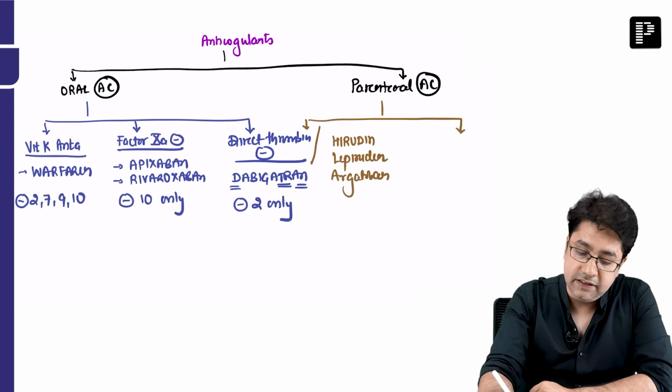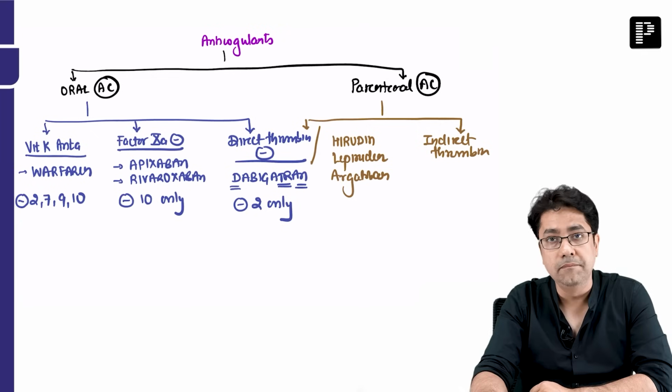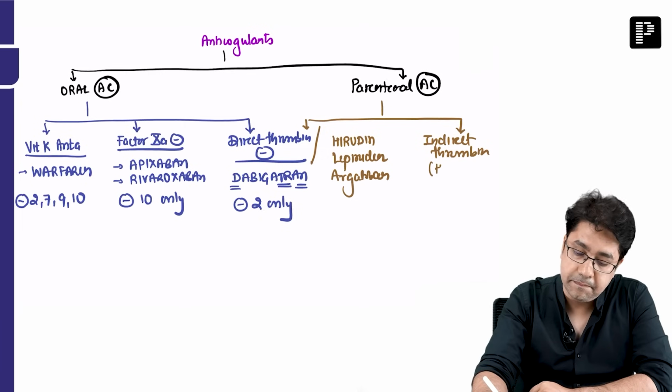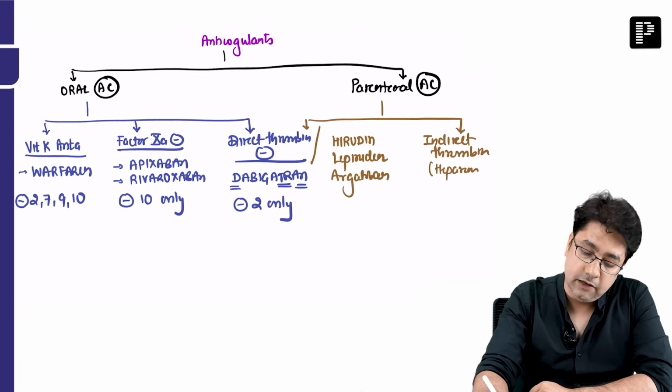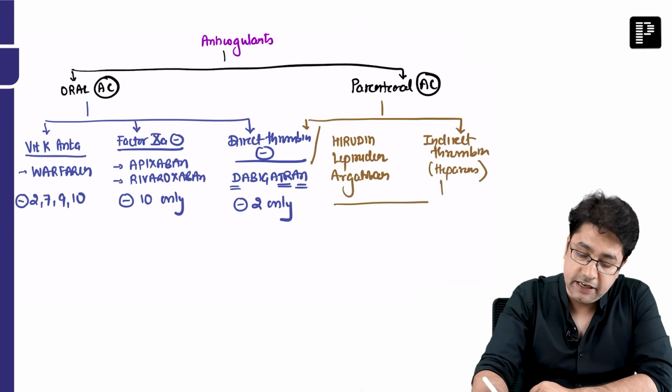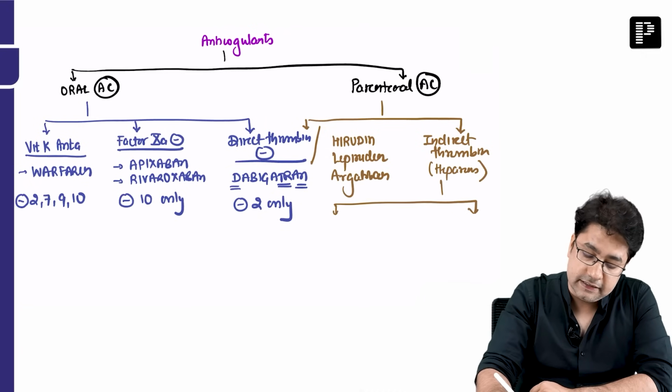And lastly we have indirect thrombin inhibitors which indirectly inhibit thrombin by activating antithrombin. They are known as heparins. Now these heparins are further divided into three types. That is high molecular weight heparin, low molecular weight heparin and ultra low molecular weight heparin.